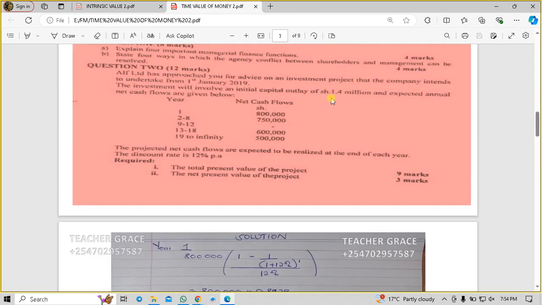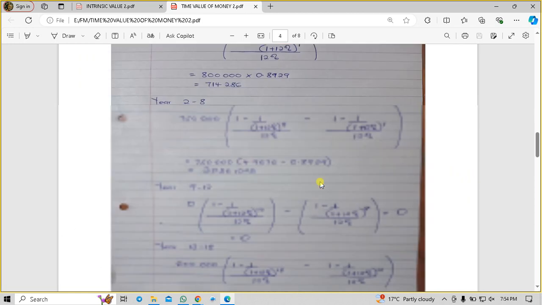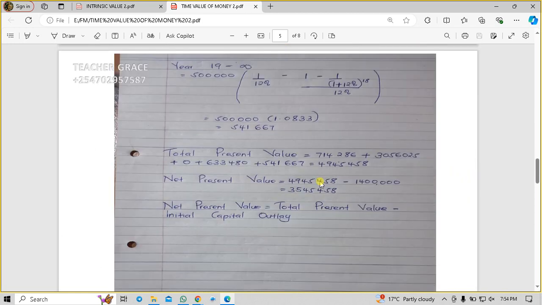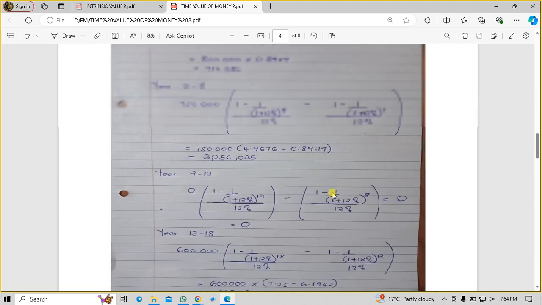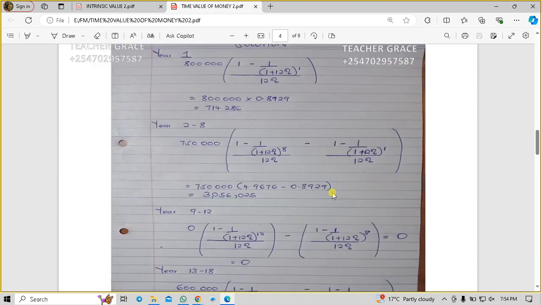Initial capital is 1.4 million. So minus 1.4 million, you're supposed to get the net present value, which is this one. So total present value, add everything. Net present value, take the total present value minus the initial capital.